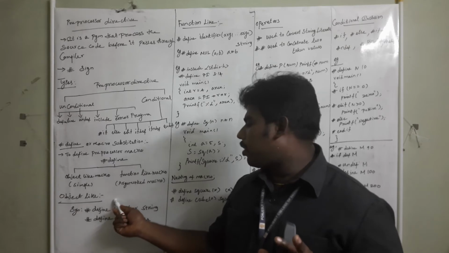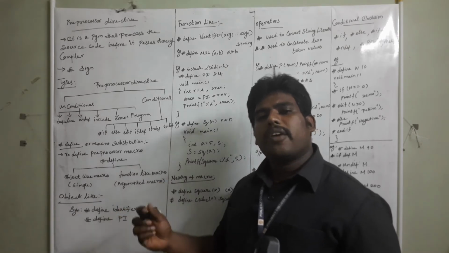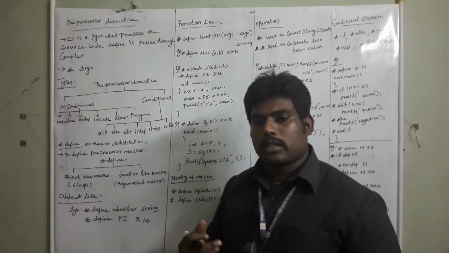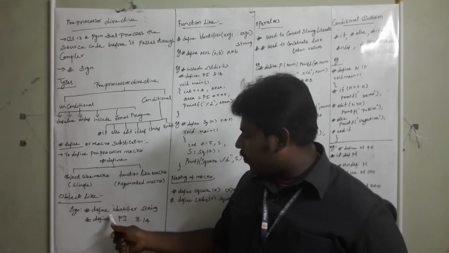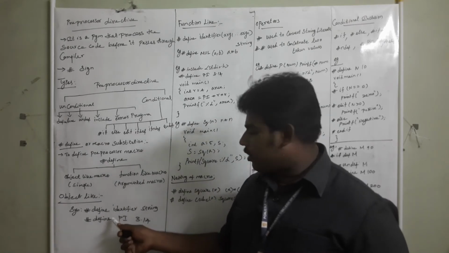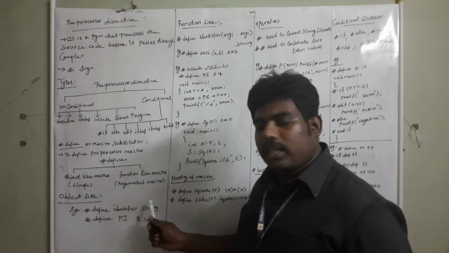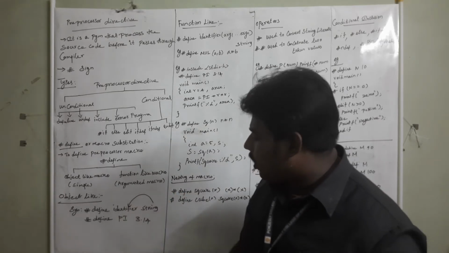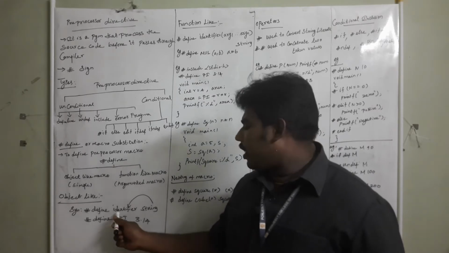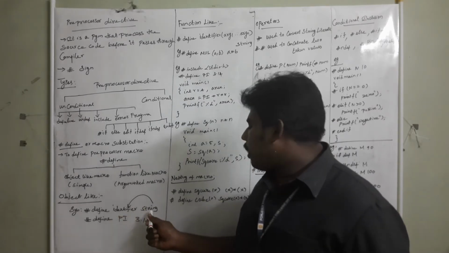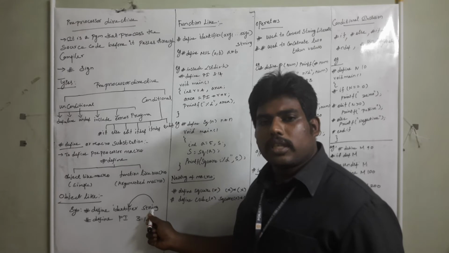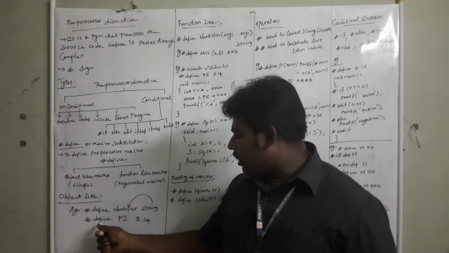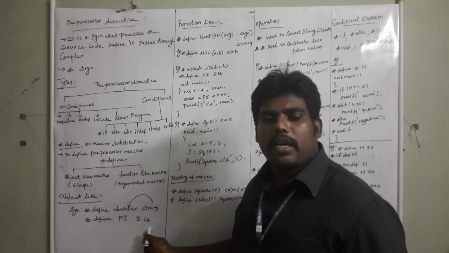It is a symbol macro, used to define symbolic constants. See here, hash define is the preprocessor directive, then one identifier, then a string. The string will be assigned to this identifier. Wherever the identifier comes, we will substitute this string there. See the example, hash define pi 3.14.